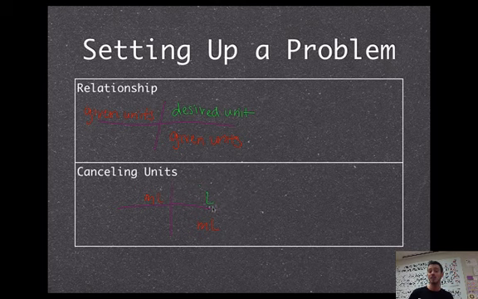If I want my answer to be liters, I don't want these milliliters anymore. Because this is in my numerator and this is in my denominator, they will cancel, so I no longer have milliliters and I'm left with liters. That's what I mean by that.